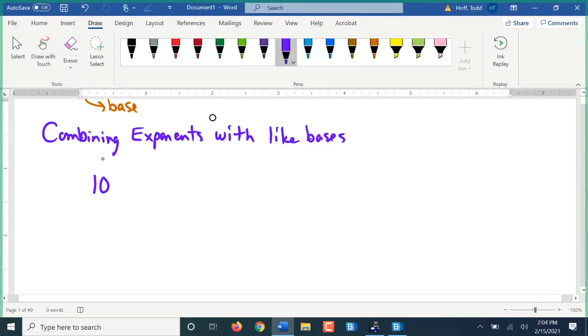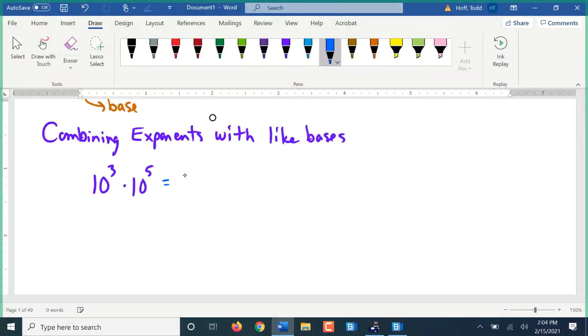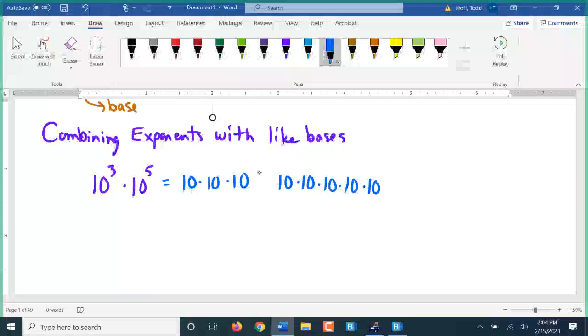I have 10 to the power of 3, and I'm going to multiply by 10 to the power of 5. 10 to the 3rd, of course, is 3 tens multiplied together. 10 to the 5th is 5 tens multiplied. If we're multiplying those all together, we now have a total of 1, 2, 3, 4, 5, 6, 7, 8 tens being multiplied together. That's 10 to the 8th power.